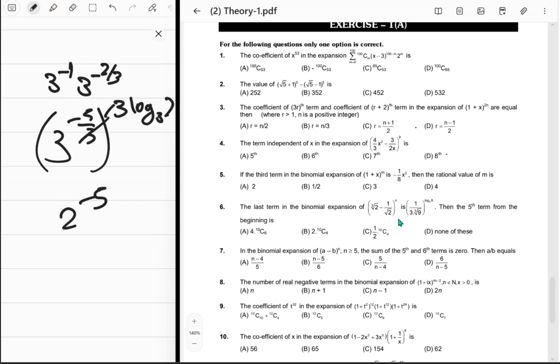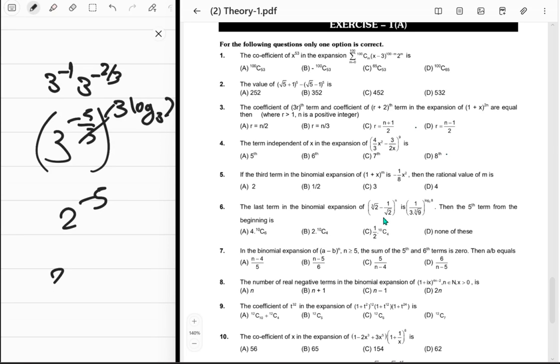But wait a second. It's got to be 2 power negative 5, but then, okay, no big deal. I get it. n should be 10 so that this happens, because then the last term will be negative 1 upon square root 2 to the highest power, the n power, and that has to be 2 power negative 5.